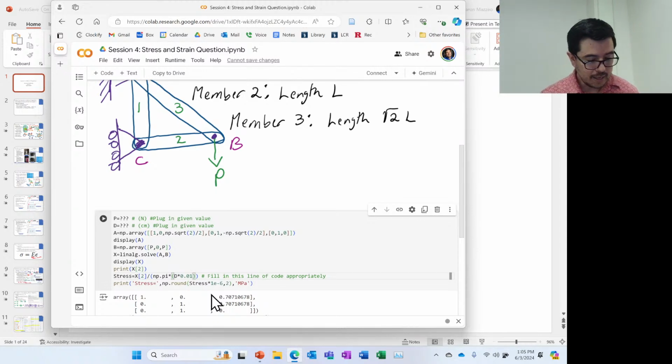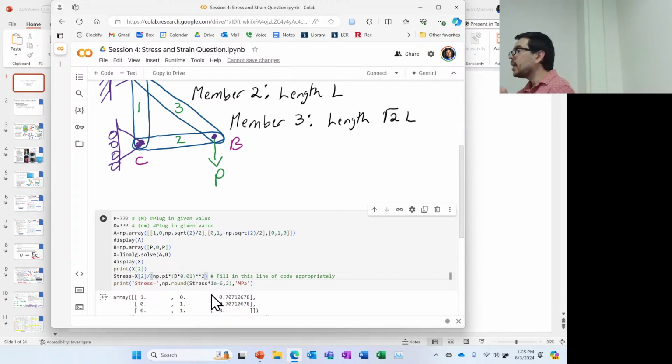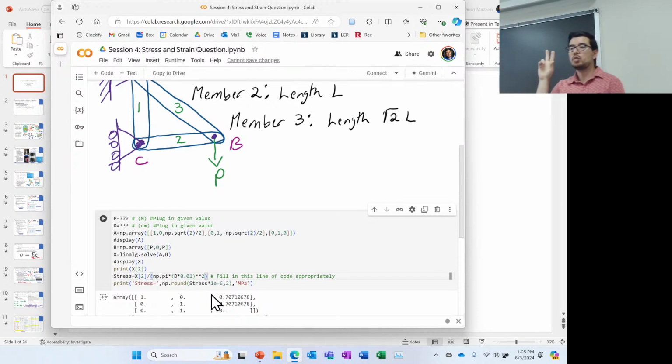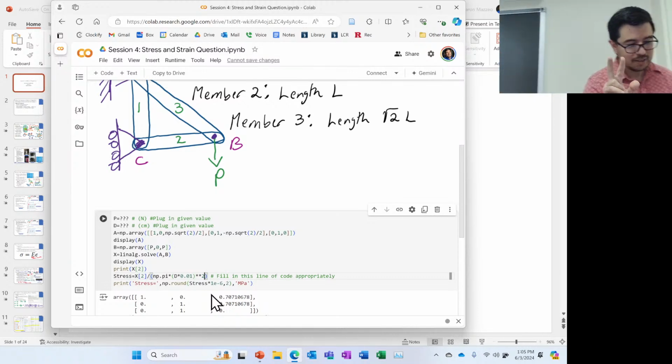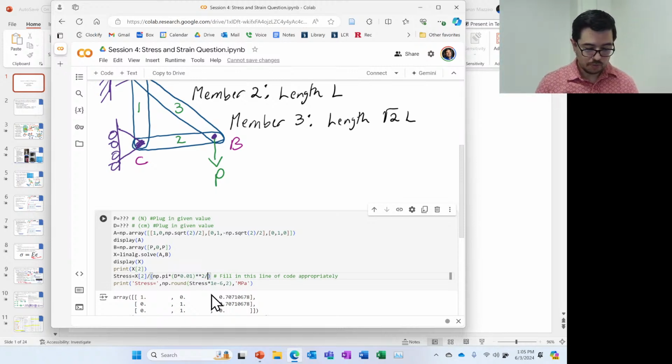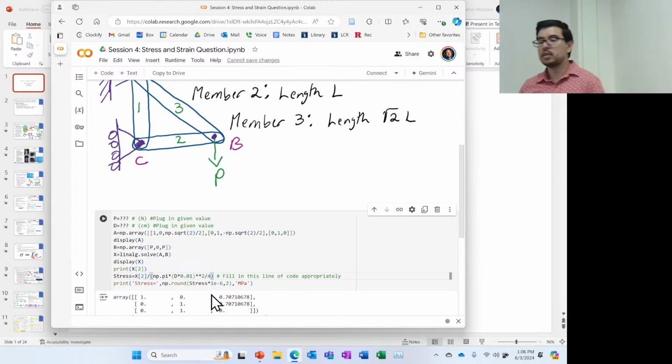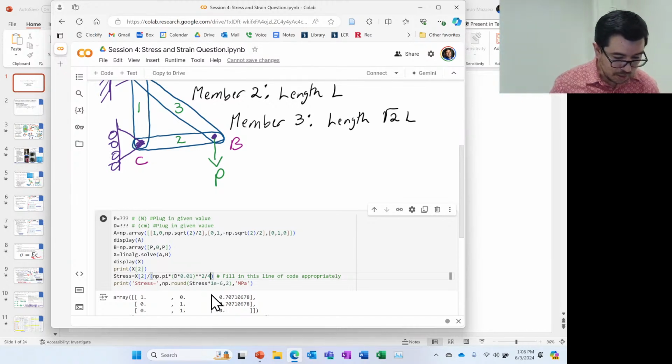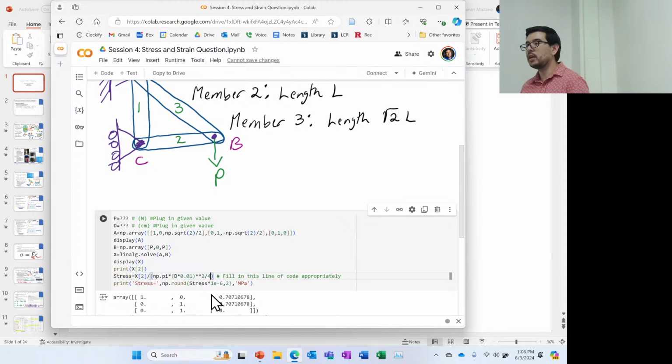Then we have to square it, and like we said in the GroupMe, square is not caret in Python. Square is 2 asterisks next to each other. And then we divide by 4, because it's pi d squared over 4. Unless I made a mistake, that should be it. That's how you fill in that line appropriately.